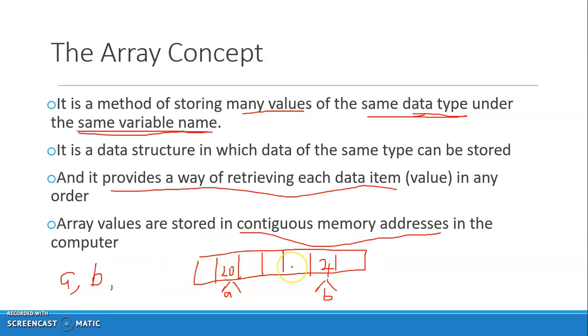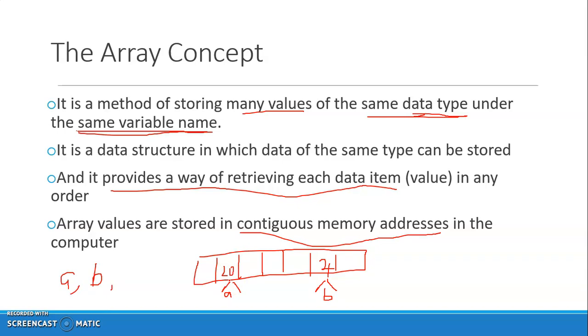This helps us: if we access the first value, we can easily go to the next value, because we'll just be moving one step ahead and it will give us another value, because the first and second values are next to each other. So that's how values are stored in memory.